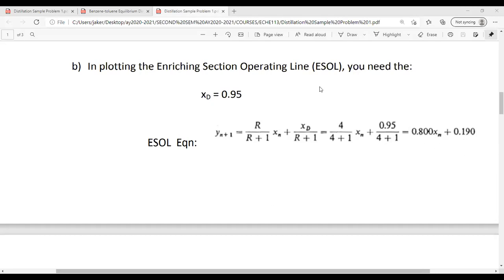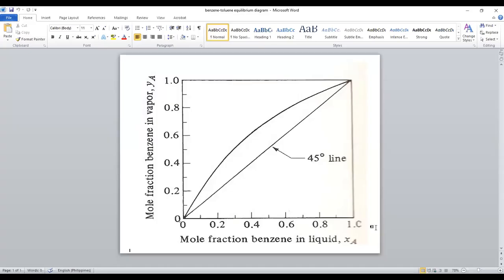So I would just illustrate how you will do that. For example, this is your X and Y diagram. So you locate the 0.95, you go up and project it at this point. And then the 0.19, which is the y-intercept, you locate here because that's where this line is going to intersect your vertical axis.